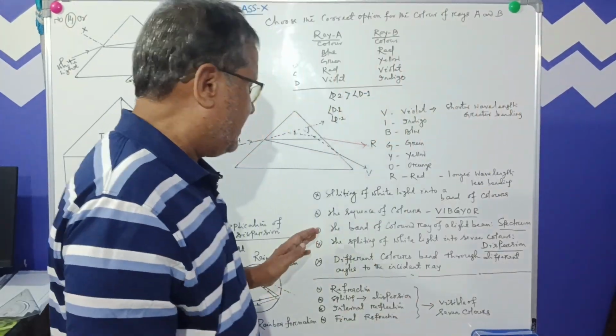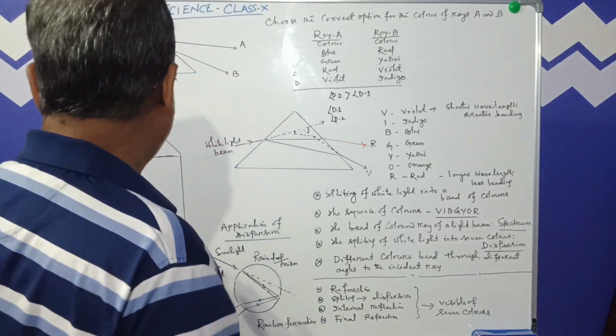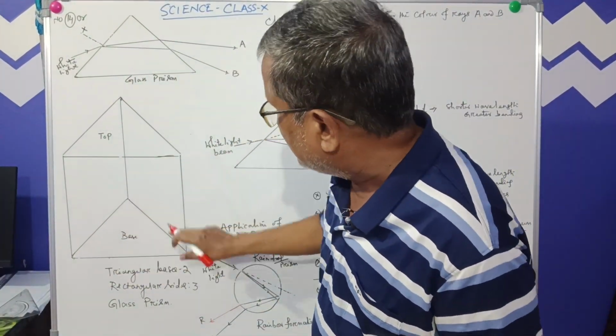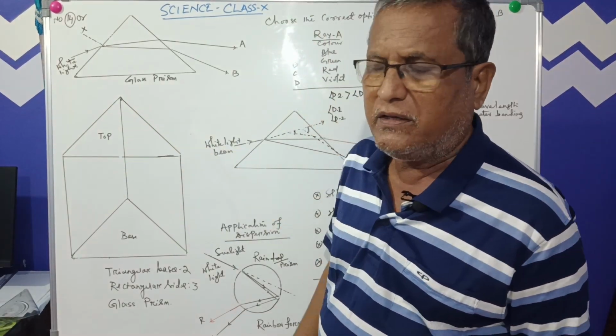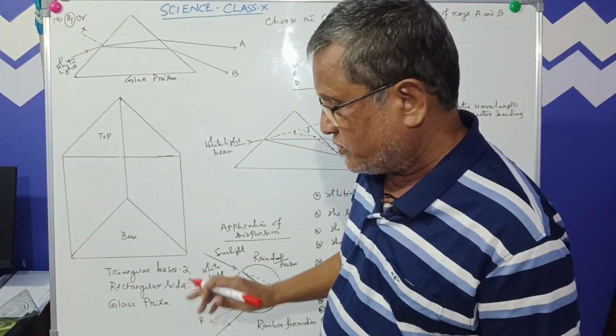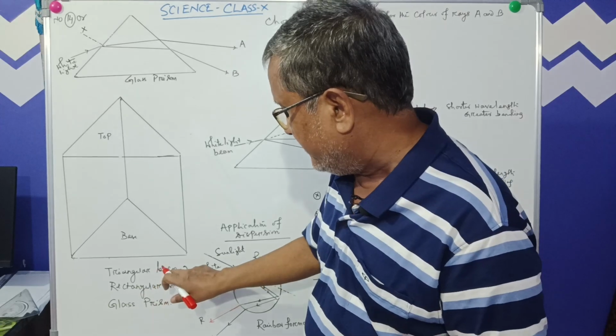Look at this picture. Now you see this is the base and this is the top. The shape is triangular. So a prism has two triangular bases.